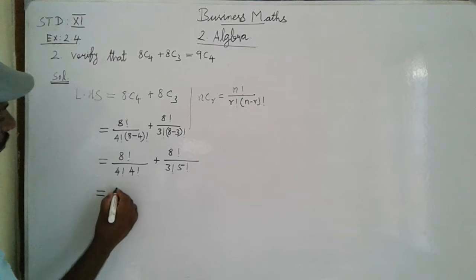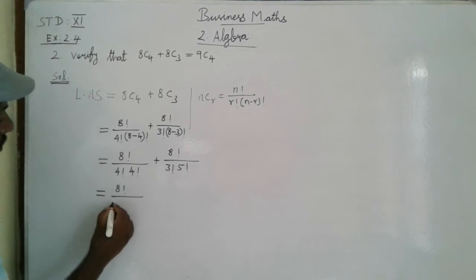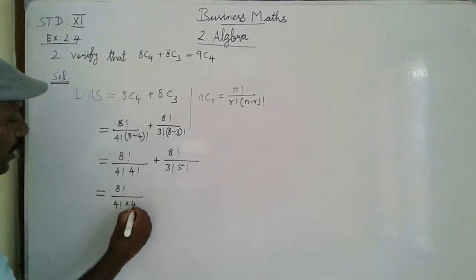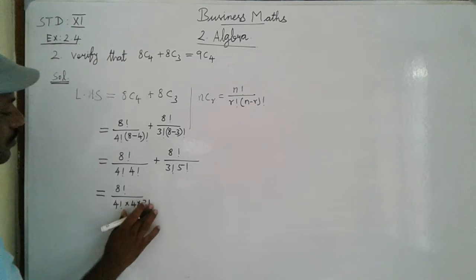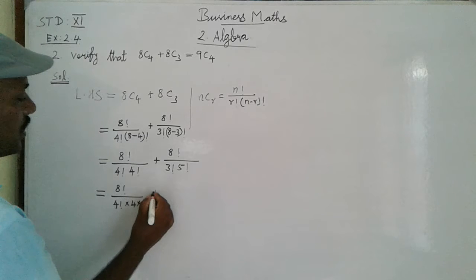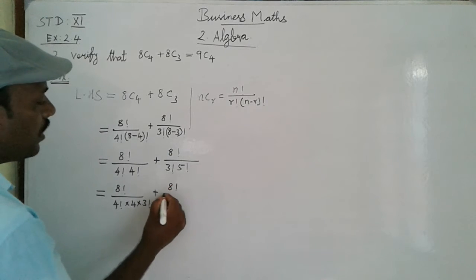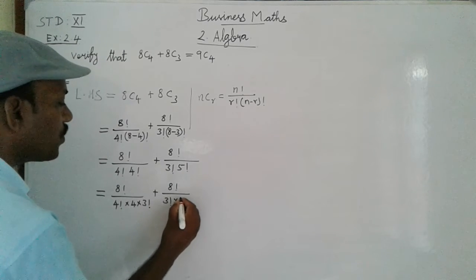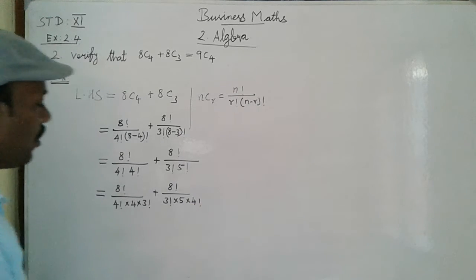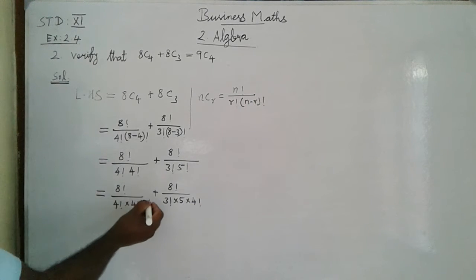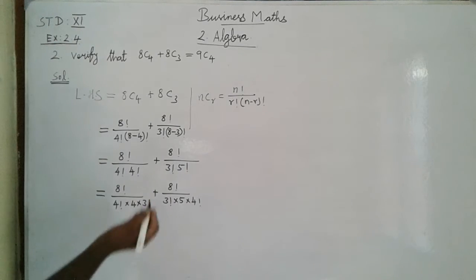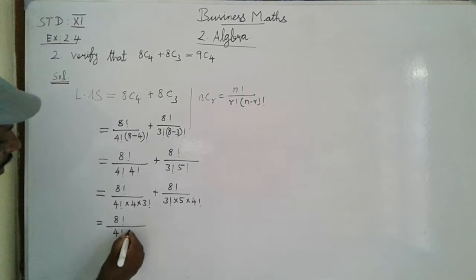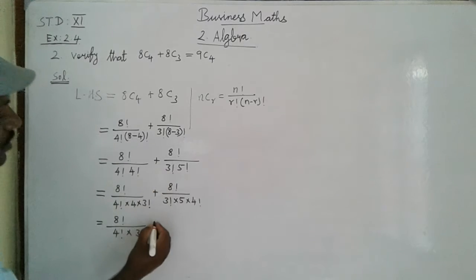equal to 8 factorial divided by 4 factorial into 4 factorial, which is 4 into 3 factorial, plus 8 factorial divided by 3 factorial into 5 factorial, which is 5 into 4 factorial. Now 8 factorial divided by 4 factorial into 3 factorial is common in both terms, take it out.